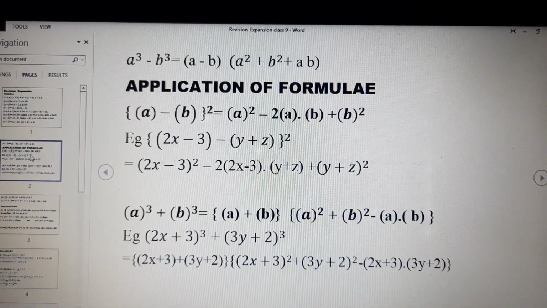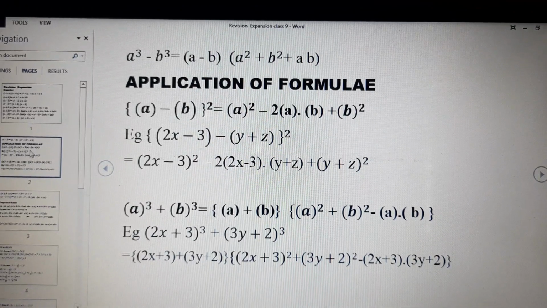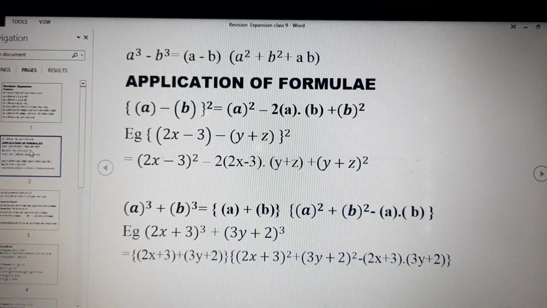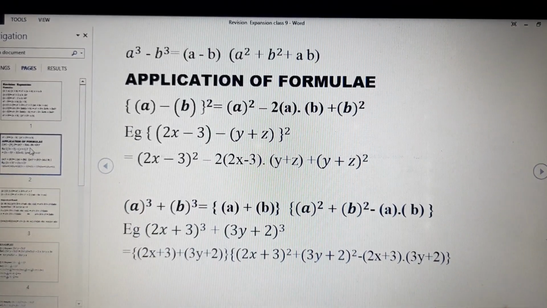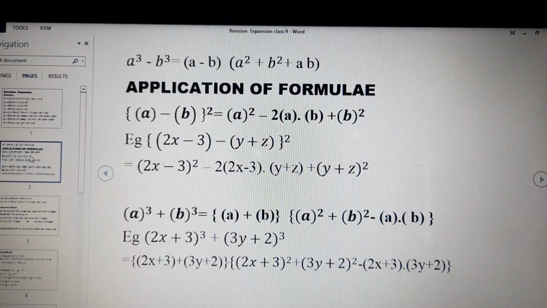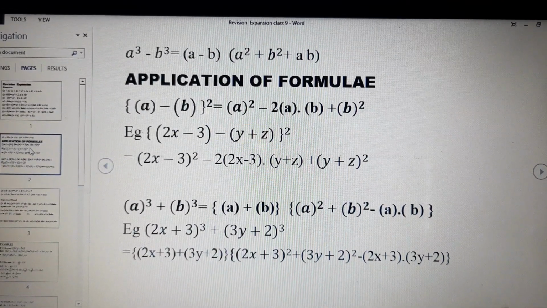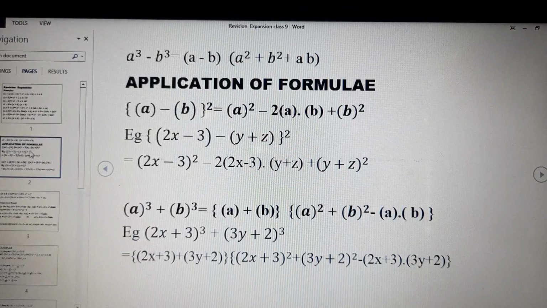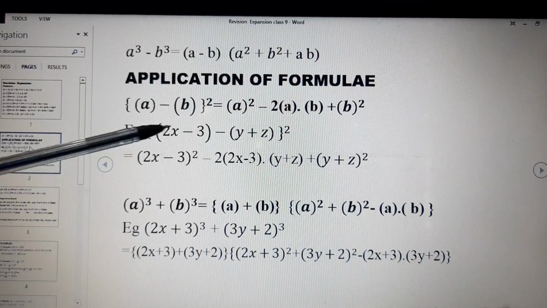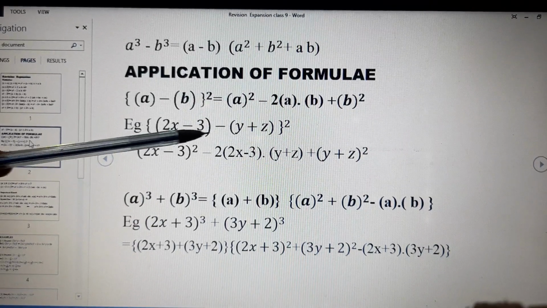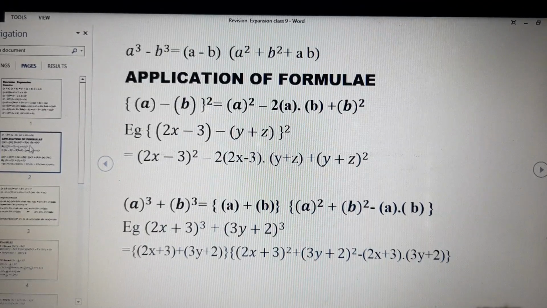That means 4x square plus 3 3s are 9, plus 9 minus 2 into 2x into 3, and you will solve them further. I am just trying to explain how you have to apply the formula when a is not a single a or single variable. If it is carrying two terms or it is a binomial, then you have to apply the formula in this way.